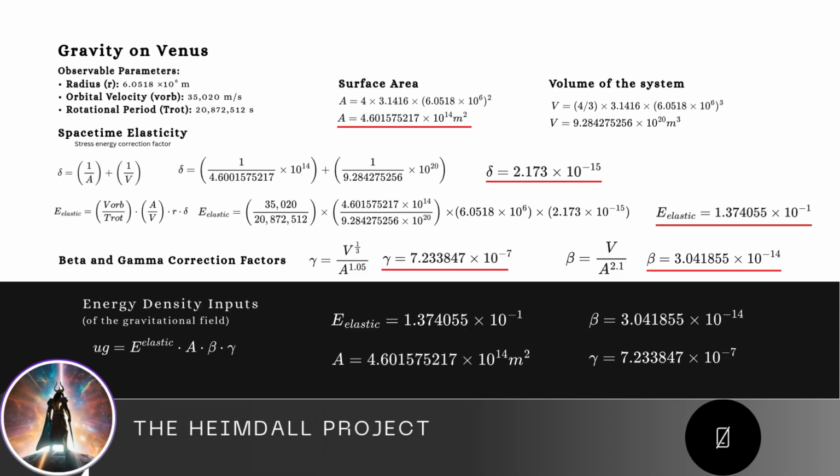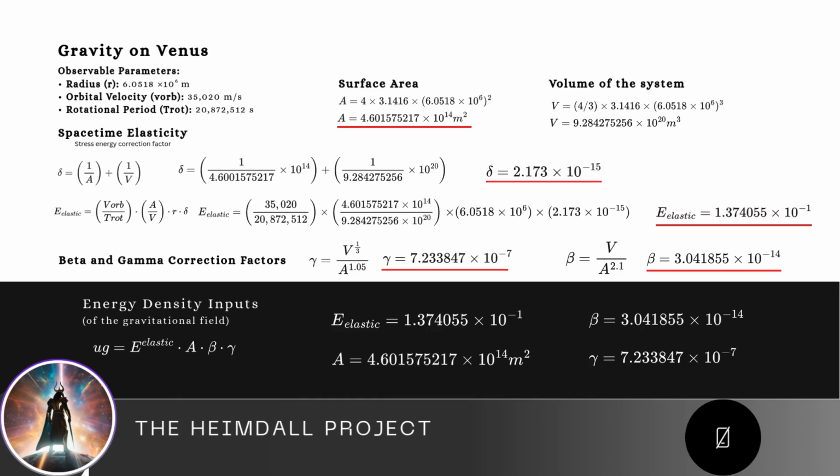So you figured out the radius of this planet you're looking at. You figured out how fast it's orbiting its star. But you don't know the rotational period. What I have found, Venus has an extremely long rotation, is you can use a 15-hour rotation as a placeholder and you'll still get a correct answer.